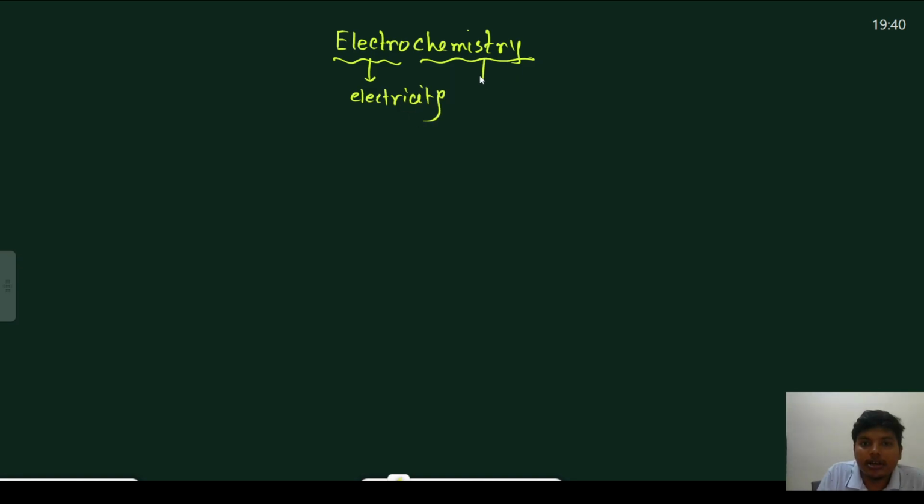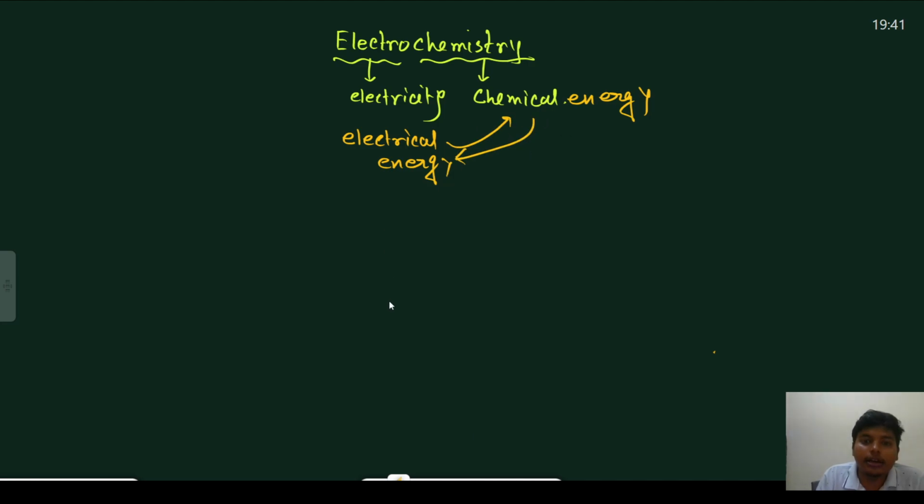And chemistry means chemical energy. So in this chapter, we are going to learn how to convert electrical energy into chemical energy and how to convert chemical energy into electrical energy.